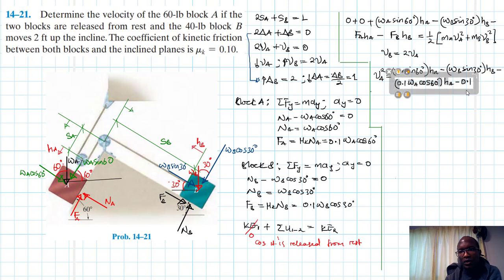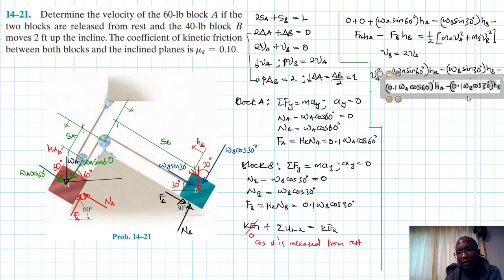0.1 WB cos 30 by HB. Okay, I'll move this a little bit, and also this one, maybe there like so.